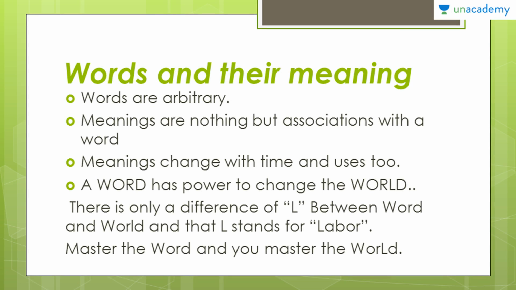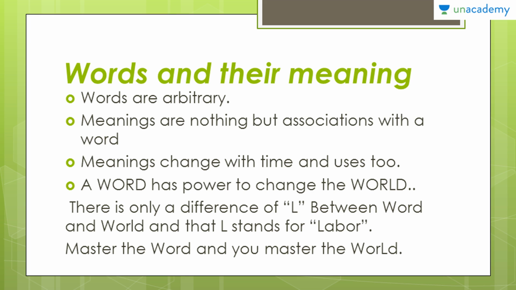Moving on, words and their meaning. So first of all, you have to understand what words are, and we have understood mnemonics. That was the first part, mnemonic techniques of this title. And the second is vocabulary. Vocabulary comprises words. So let's understand what words are. Words are arbitrary. A cat is a cat because a cat is a cat.